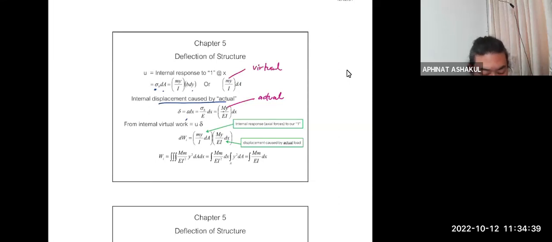So you put them in the equation to get the internal work. One is the internal response due to the virtual load. It's stress multiplied by dA, which is the force. Another is the displacement due to the actual load. So it's again stress divided by Young's modulus multiplied by dx. Now you have dA multiplied by dx.